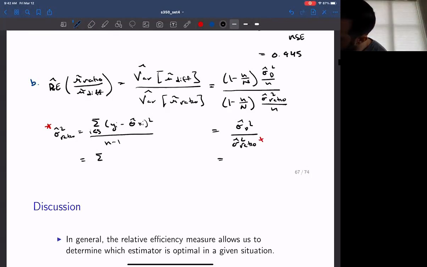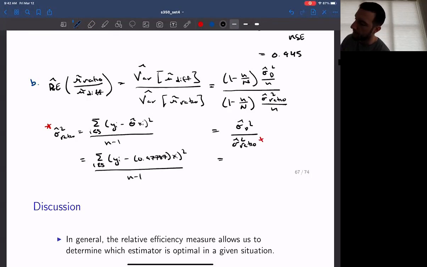So this is going to be the sum over i in S of y_i minus 0.97787 multiplied by x_i, all squared, divided by n minus 1. And if we work that summation out, we should end up with something in the area of 0.19597.